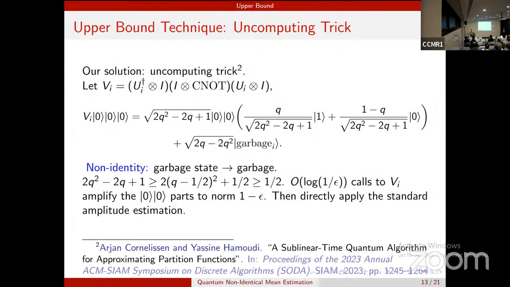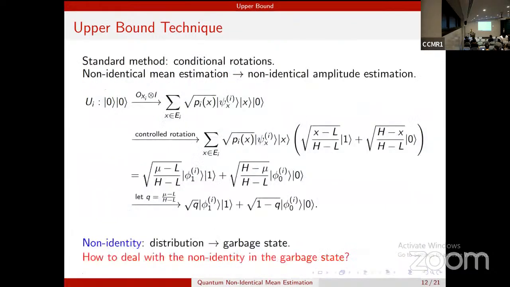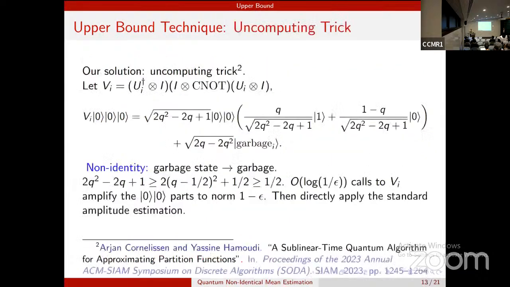But if we consider other encoding oracles without this garbage state, have you thought about this? You mean the case without the garbage state? Yeah, without the garbage state, you just directly encode the distribution into the amplitude.